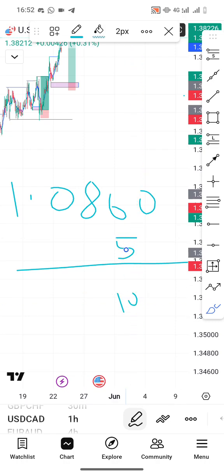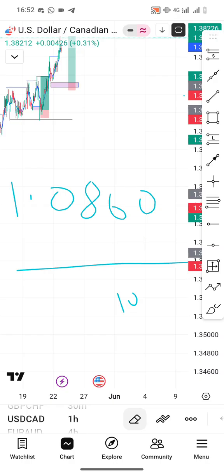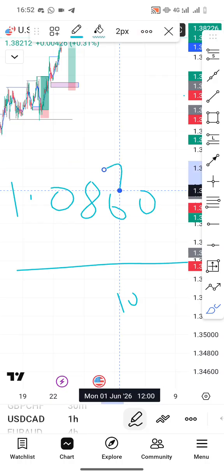If we move from 5 to 7, that's a 10 pip move, because it's on 6 right now and it moved from 5 to 7.